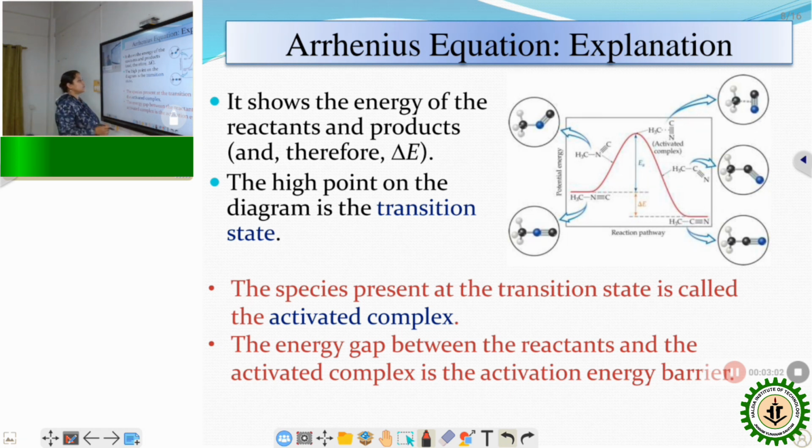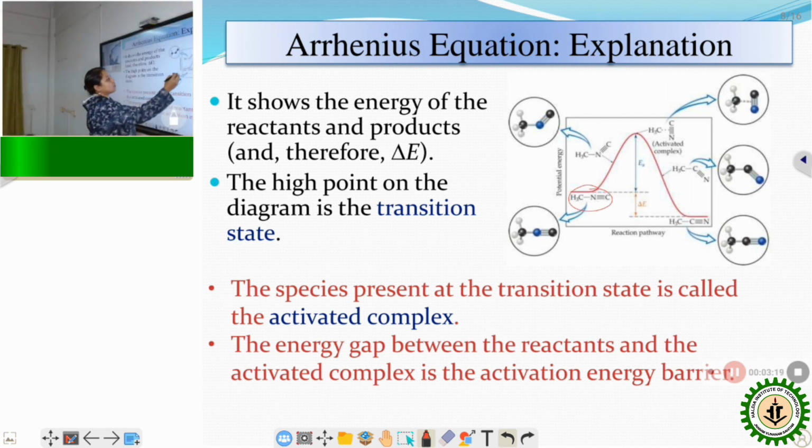So again, coming back to the previous example of CH3NC converting to CH3CN, this isocyanide is converted to cyanide. What is happening there? Say this is the ground state energy of the molecule.